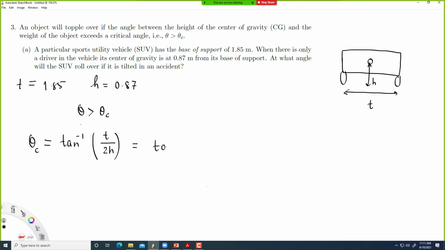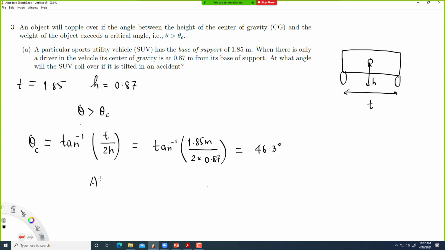So tan inverse T is the base of support, or the base of the car, width of the car, which is 1.85 meters, over 2 times height, which is 0.87, and that gives us, what is that, 46.3. Okay, 46.3 degrees is the critical angle.